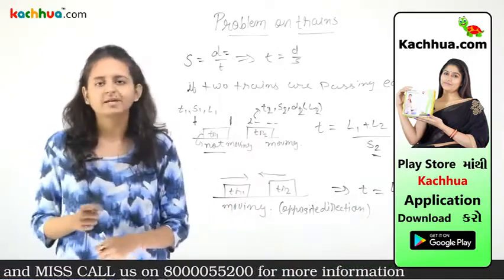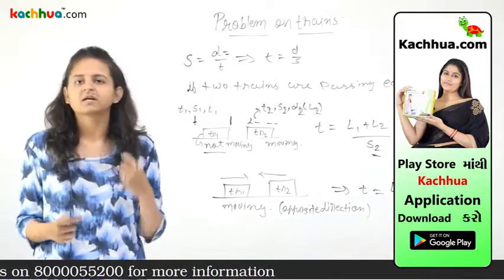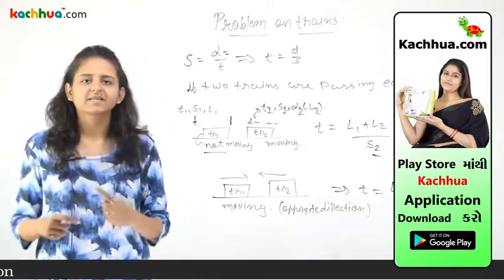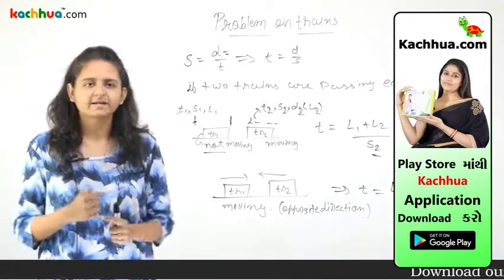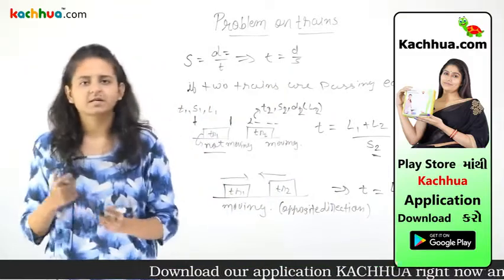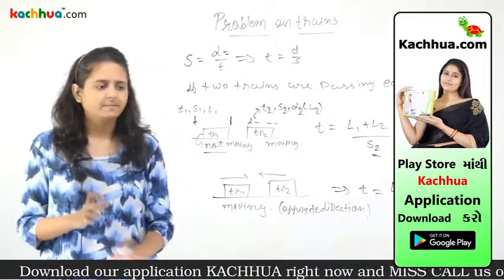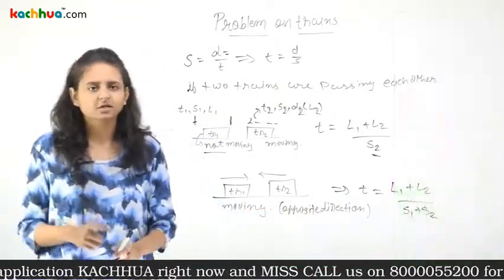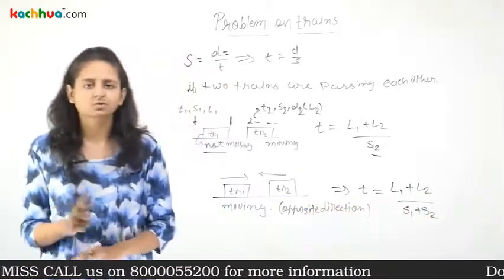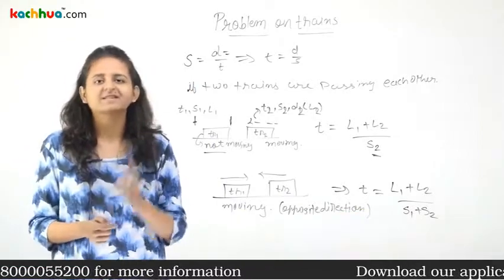So the speed will be, as we have studied in train and person, the speed will be added. So that will be S1 plus S2. Correct? The thing is same. They both are moving in opposite directions, so it will be S1 plus S2. But the main thing is opposite direction.